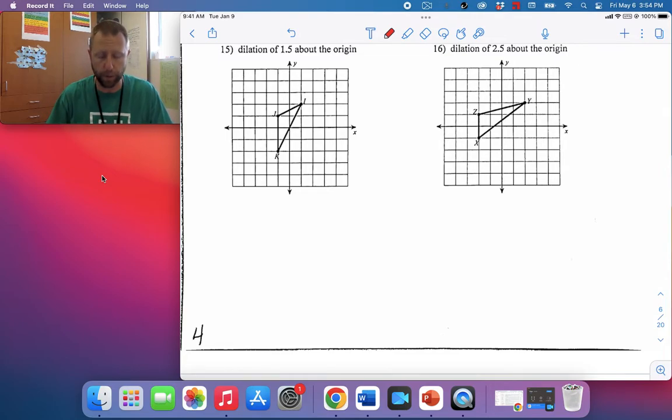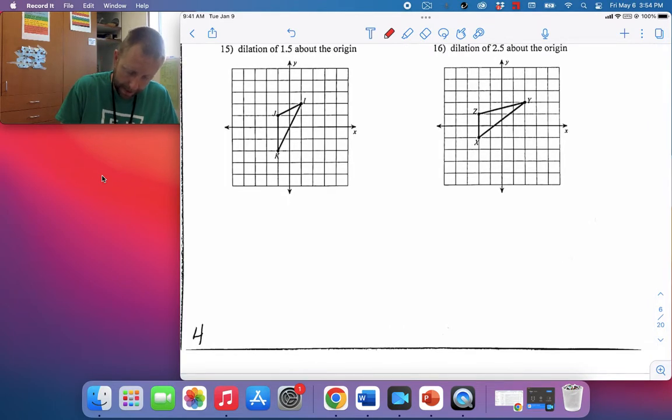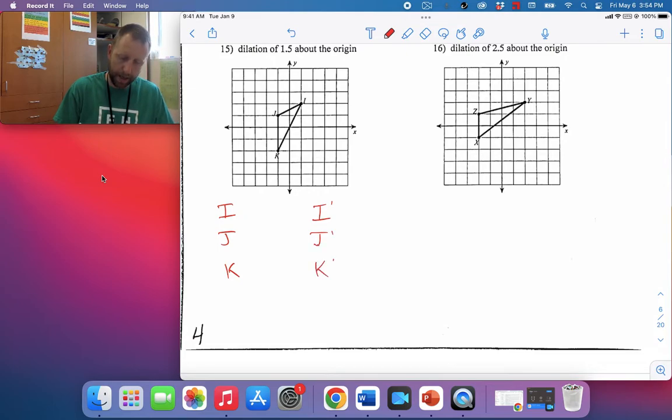So we know the scale factor is 1.5. Let's start writing out these points. I've got I, J, and K, and then that'll give me I prime, J prime, and K prime, because I'm going to multiply each of those by 1.5.